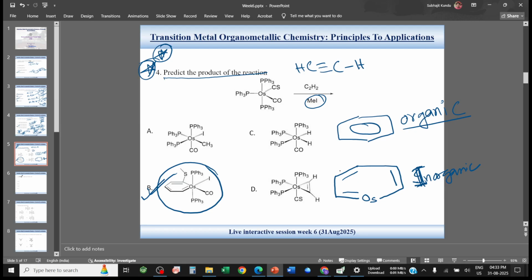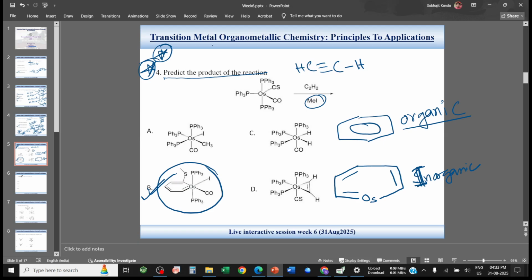It is a metallocycle formed using osmium as the metal. It is also aromatic, all carbon-carbon bond distances remain equal, and the NMR shift appears in the downfield position due to the anisotropic effect. So option number B will be the correct answer.